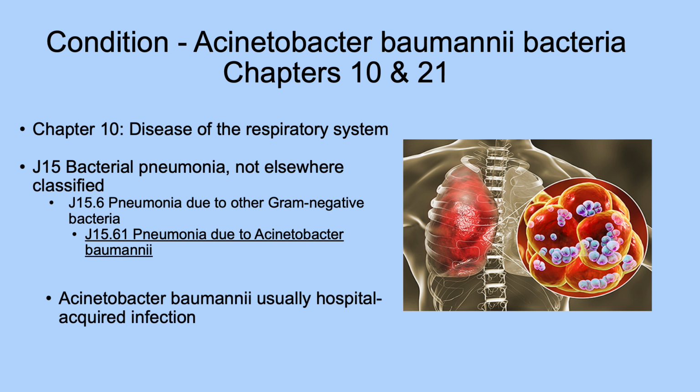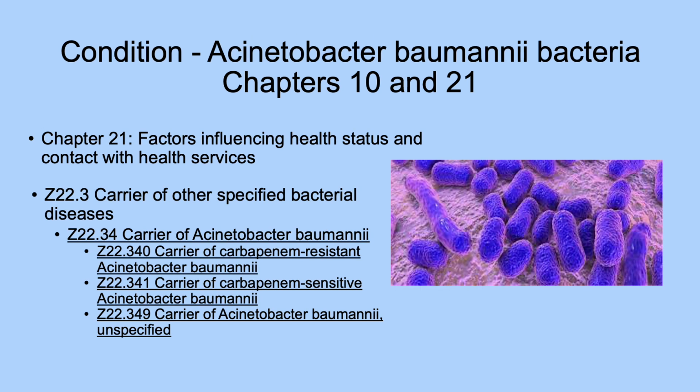This bacteria is usually hospital acquired. It's also mentioned in chapter 21, factors influencing health status and contact with health services. So it's listed here for patients who are a carrier of this bacteria. So it's mentioned, and codes were added in 2 different places for this.